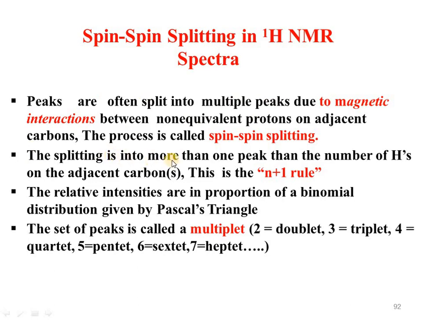If there is more than one peak, it depends upon the neighboring protons, and is given by the n+1 rule. The split signal has an intensity according to Pascal's triangle, and the set of peaks is called a multiplet. If it is 2, doublet, 3, triplet, and so on.